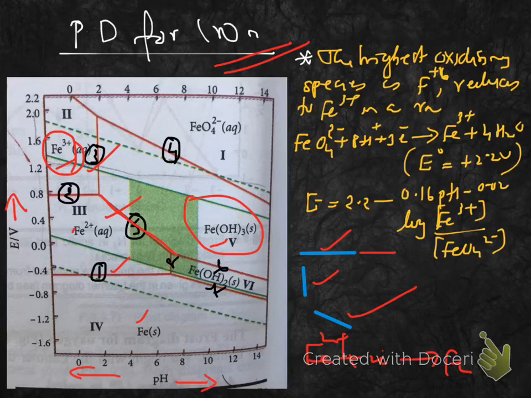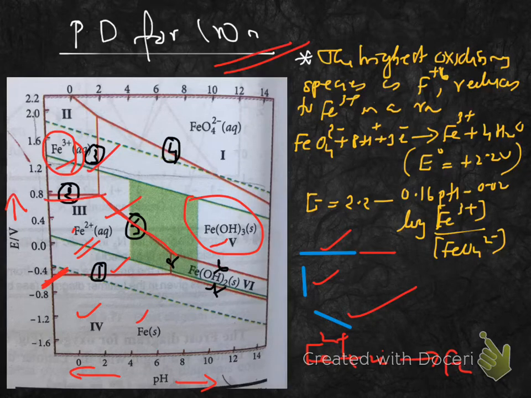Below this potential minus 0.44, Fe is found to be stable, and above the potential of minus 0.44, Fe2 plus will be the highly stable species. So at a potential of minus 0.44, an equilibrium can be established between these 2 species.